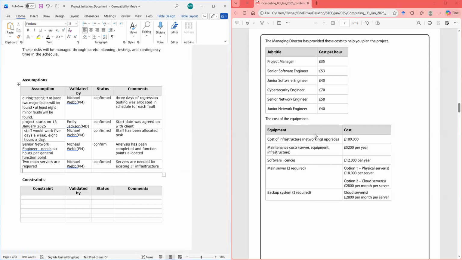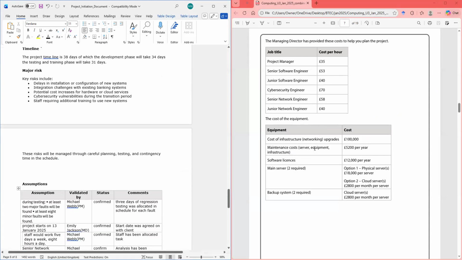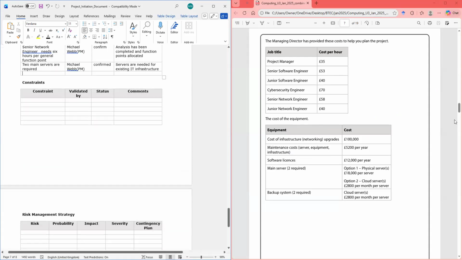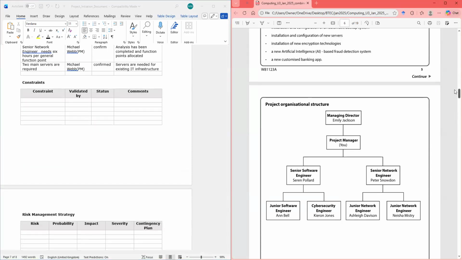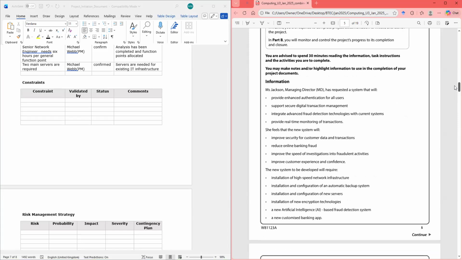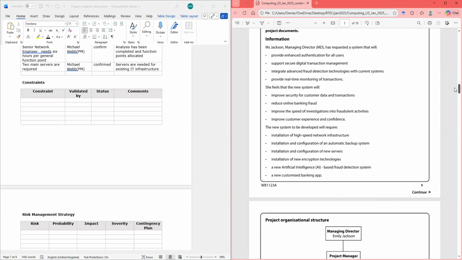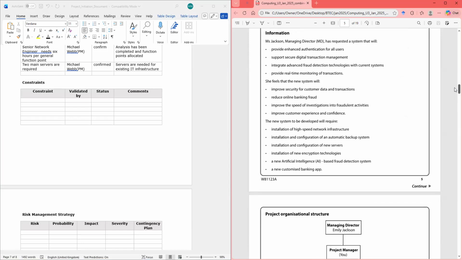What do we need here that we can use? We're going to assume: reduce online banking fraud.